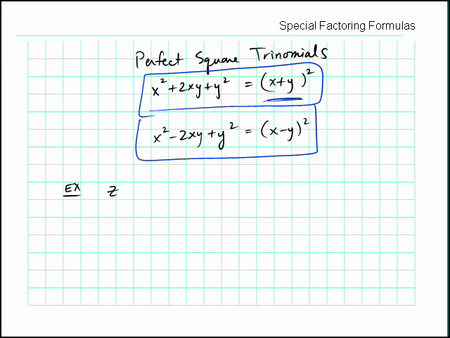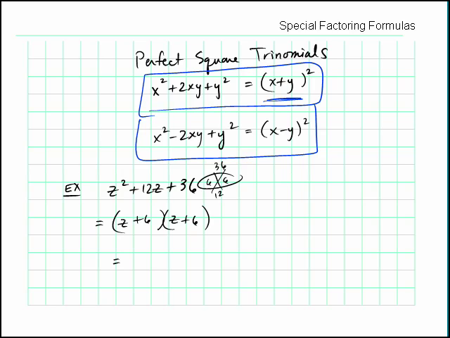Let's say we have z squared plus 12z plus 36. Now, if I factor that, like we've done in a previous section, that's z times z, and then for 36 and 12, the two numbers we need are 6 and 6. So it's plus 6 and plus 6.